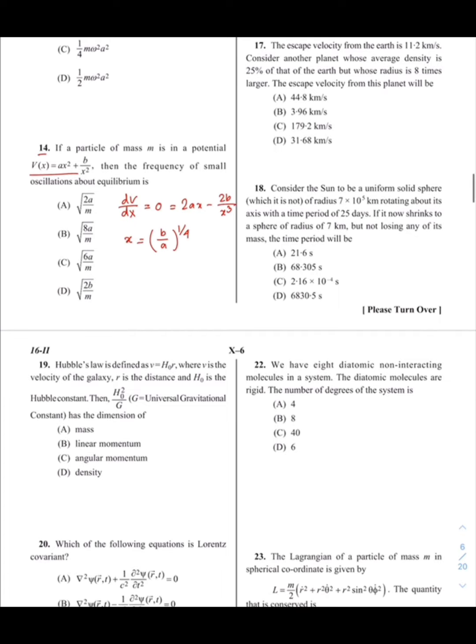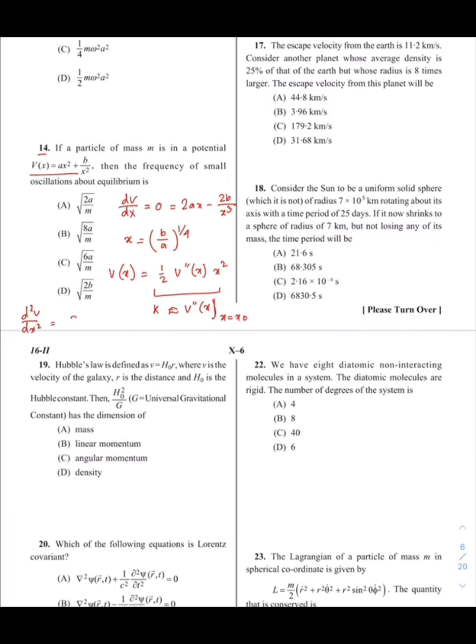Now near the equilibrium position, v of x can be approximated as v double prime of x times x square. This is very similar to the potential of simple harmonic oscillator where the spring constant k is analogous to v double prime of x at the equilibrium position. So let's find the double derivative of v with respect to x.